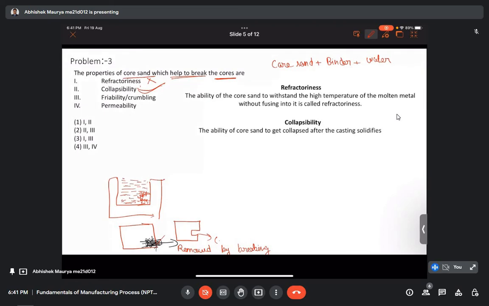Friability is very similar to collapsibility, but there is a small difference. In collapsibility, what happens? Suppose we have a core, and after solidification, we just try to hammer from the outside, and suppose it breaks into two parts or three parts.